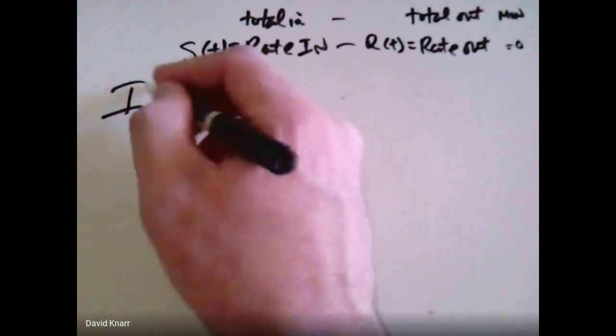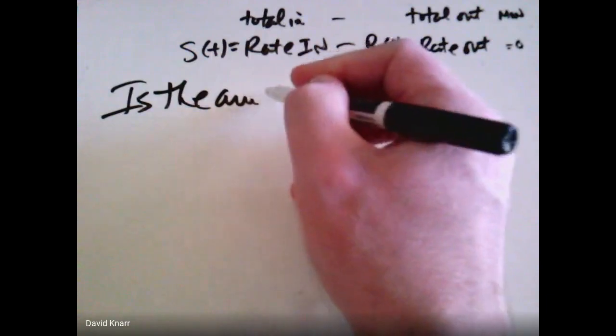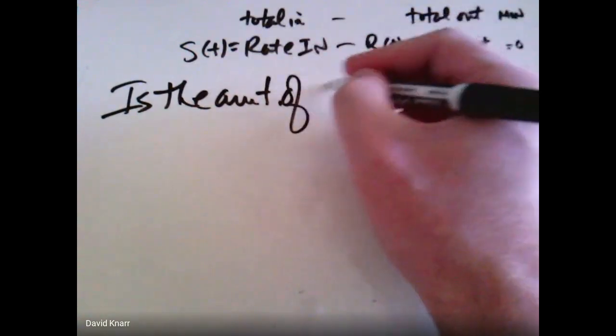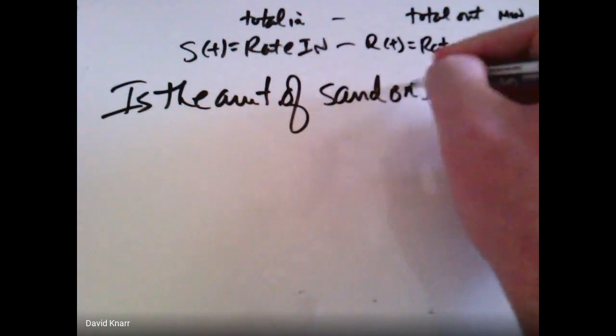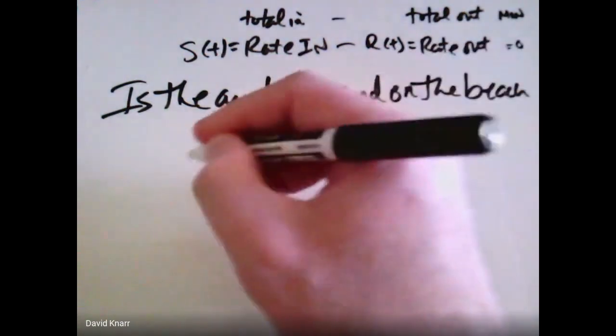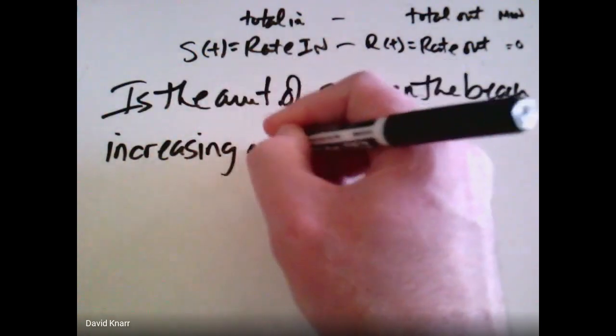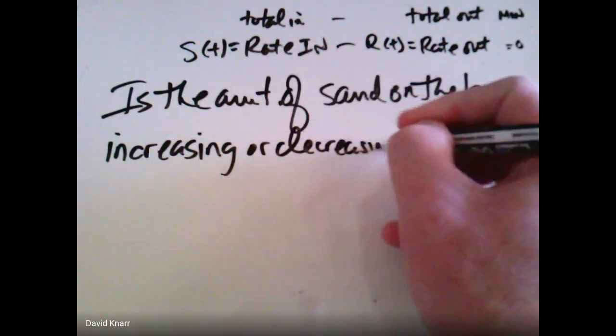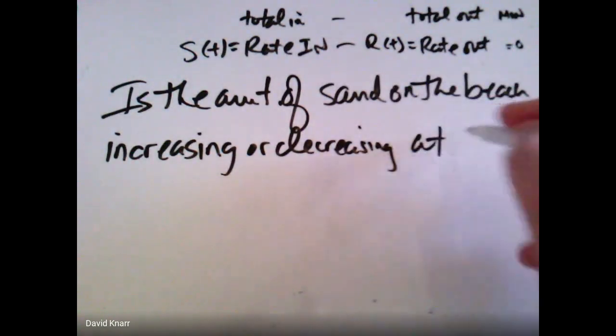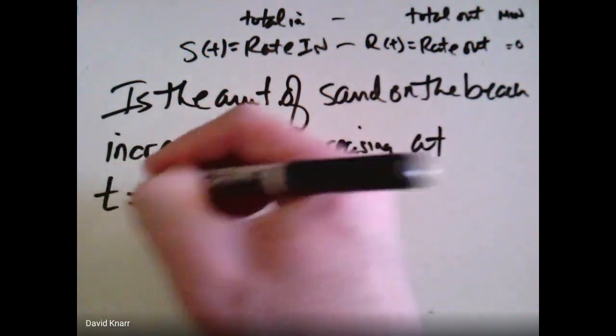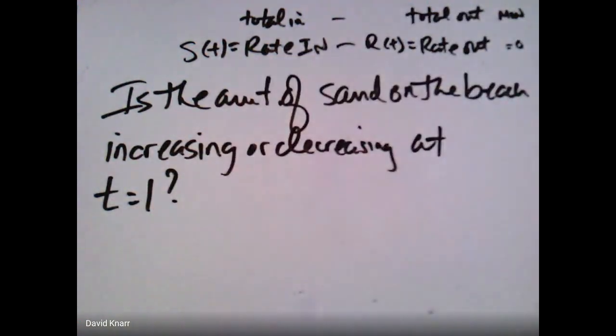I want to know, is the amount of sand on the beach increasing or decreasing at t equals 1? Is the amount of sand on the beach increasing or decreasing at t equals 1?